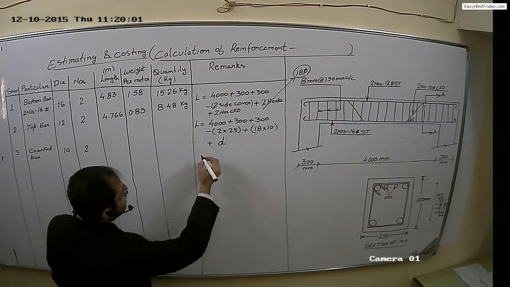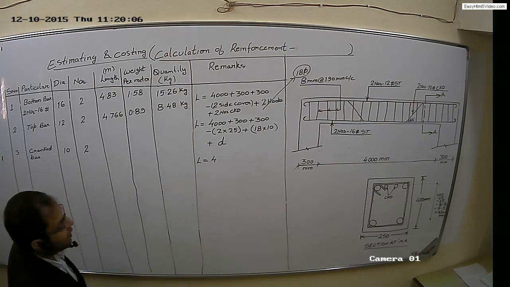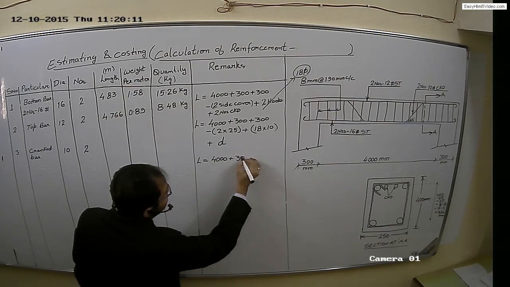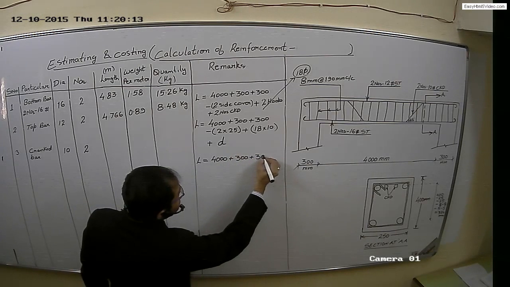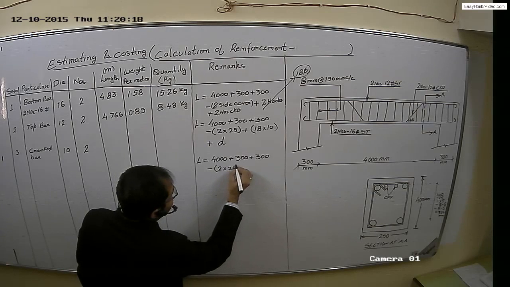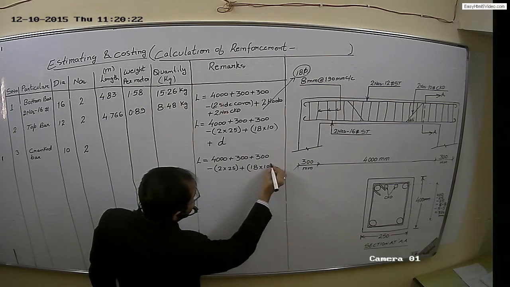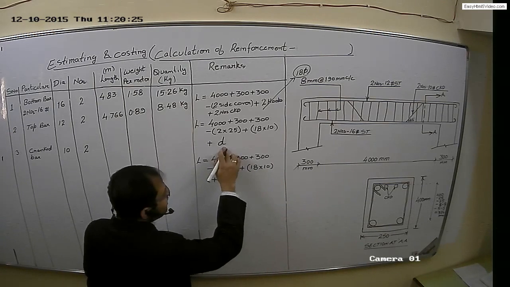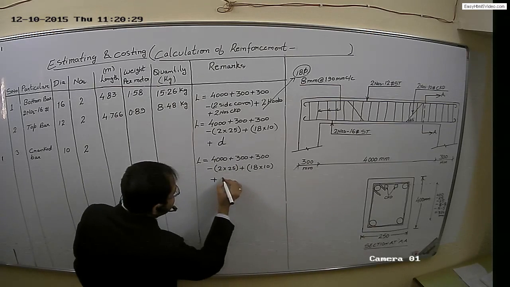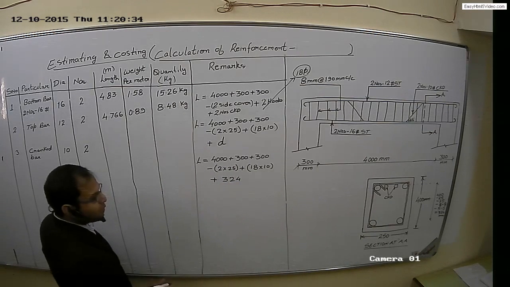So the length of the cranked bar will be 4000 mm plus 300 minus cover, which is 2 into 25, then 18 into 10 for the hooks, plus the depth which has to be added, which is 324 mm. So you have to just increase 324 mm for making two cranks.